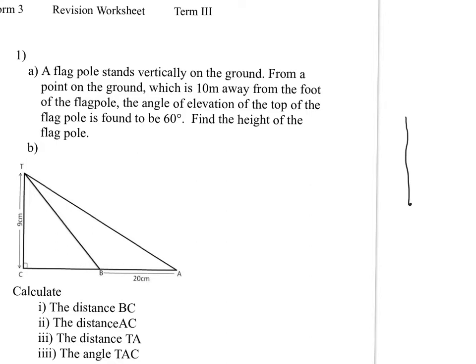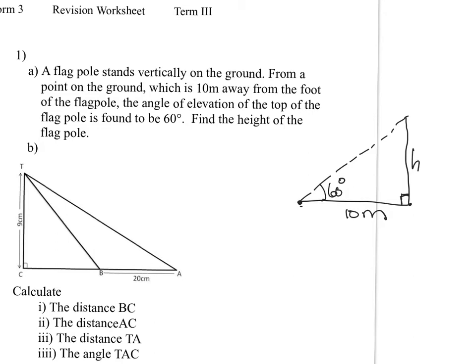From a point on the ground 10 meters away from the foot of the flagpole, the angle of elevation, if we imagine this is eye level and we look up, is 60 degrees. They want us to find the height of the flagpole.